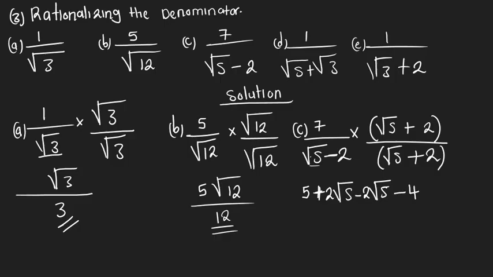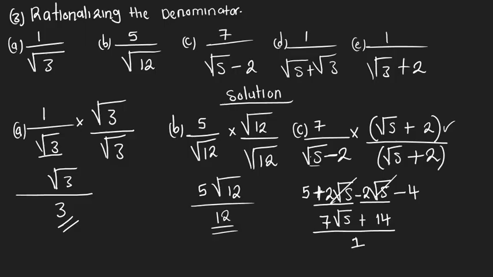Then we know that 7 multiplying this whole thing here is just the same as 7 root 5 plus 7 multiplied by 2, it is a 14, all over, this is a 0 because they are cancelling each other. So we're going to have 5 minus 4. It's going to give us a 1 there.